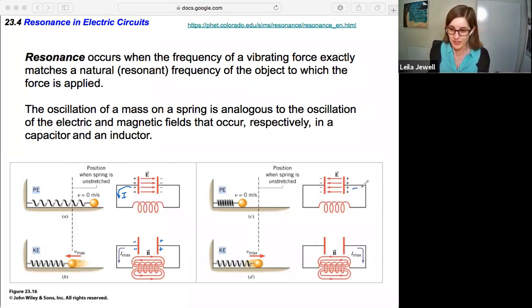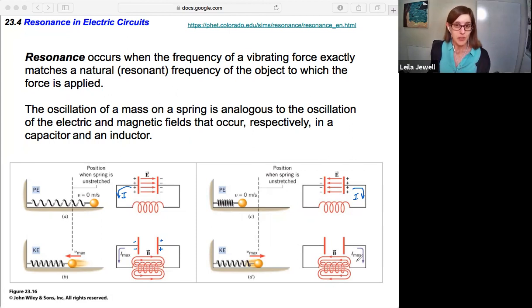Sure enough, we're going to see a current start to appear in the opposite direction as the capacitor discharges, and that current will increase up to a maximum, which is then a maximum magnetic field for the inductor, where the magnetic field is also in the opposite direction. You can see this with the right-hand rule. And so on and so forth, right?